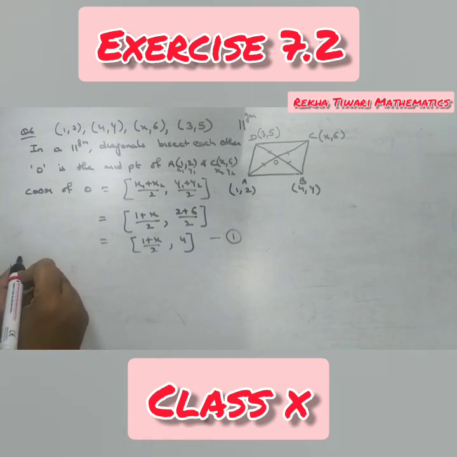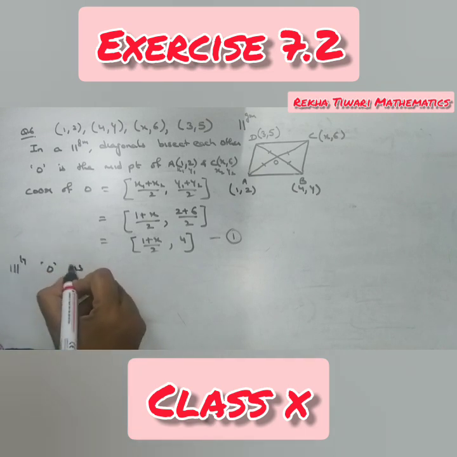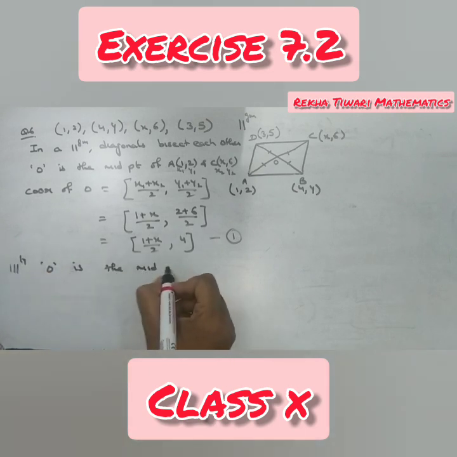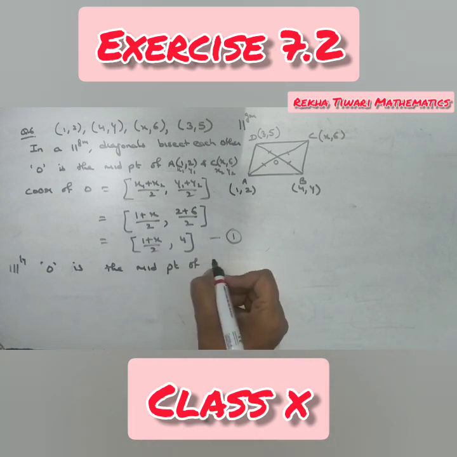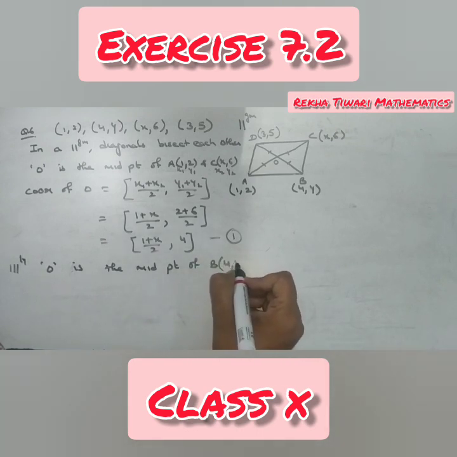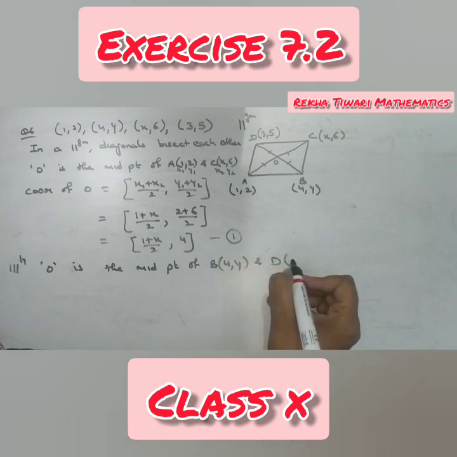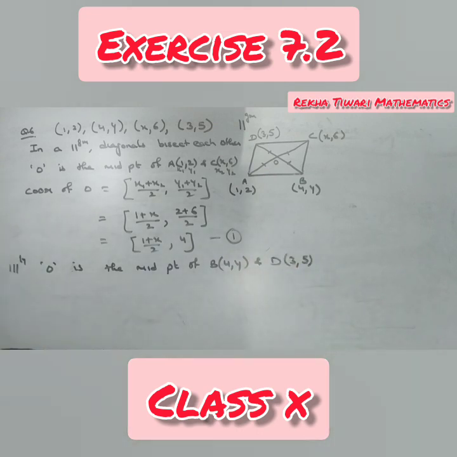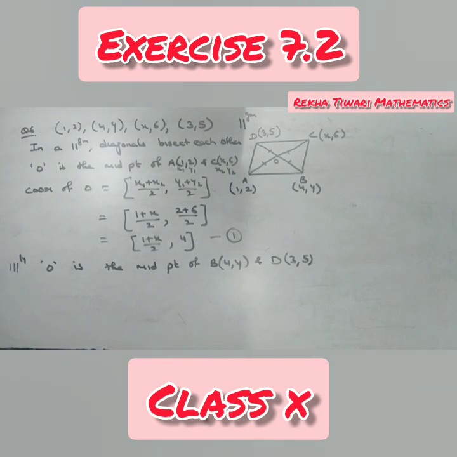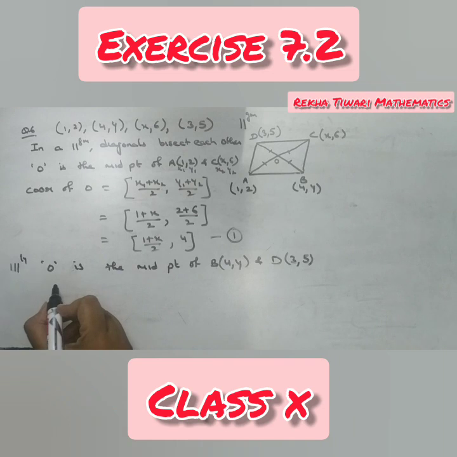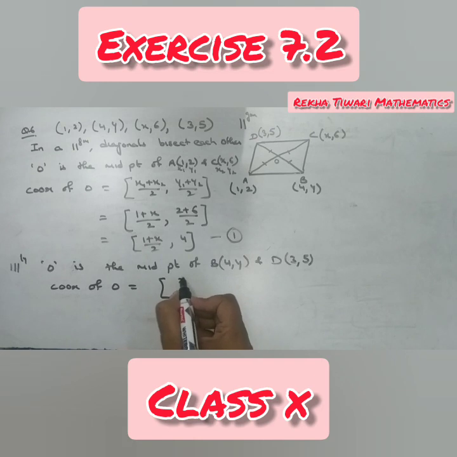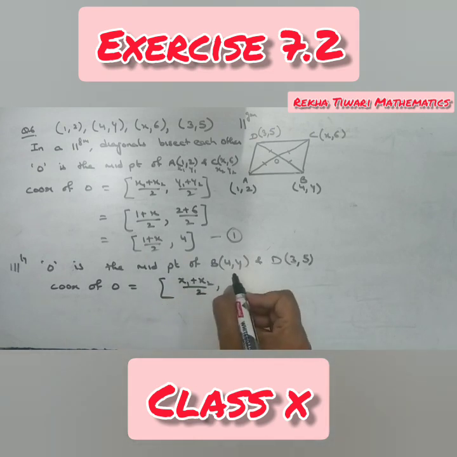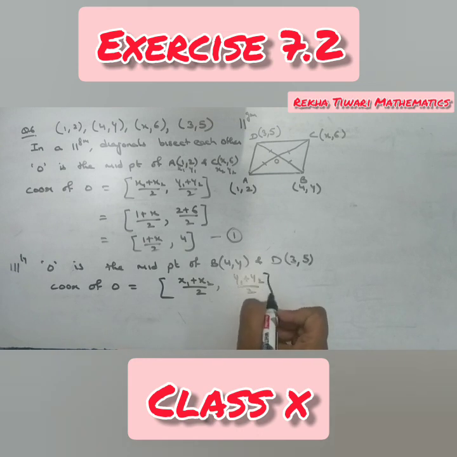Similarly, O is the midpoint of BD also. So coordinates of B is 4, y and D is 3, 5. So again you can find out the coordinates of O, because O is also the midpoint of BD. So from here I will get coordinates of O as x1 plus x2 by 2, y1 plus y2 by 2.